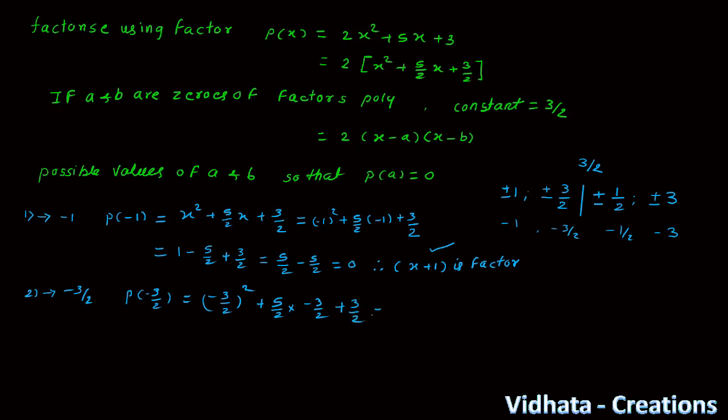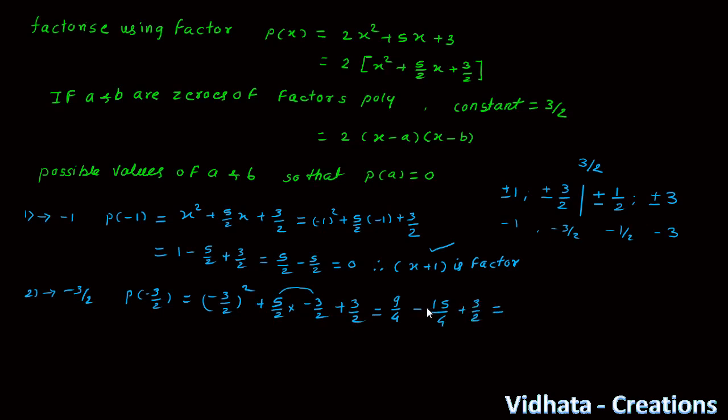The square of -3 by 2 is 9 by 4, plus the product of these two, which is plus, minus minus, 5 3s are 15 by 4, and plus 3 by 2.